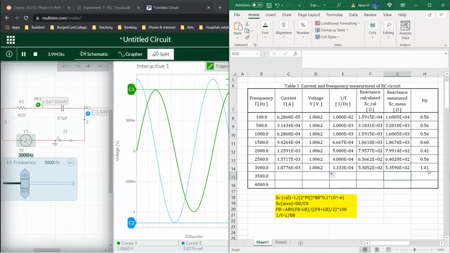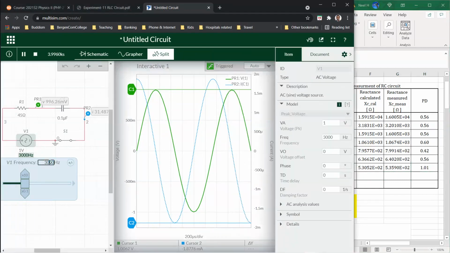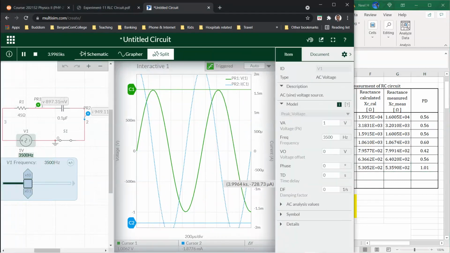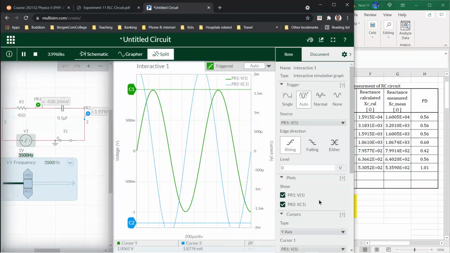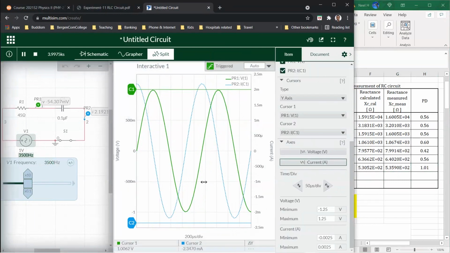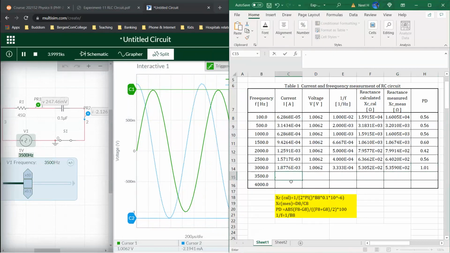Error a little bit increases to about 1%, still very low. Then we'll do 3500. Current 0.0021941. Voltage same.